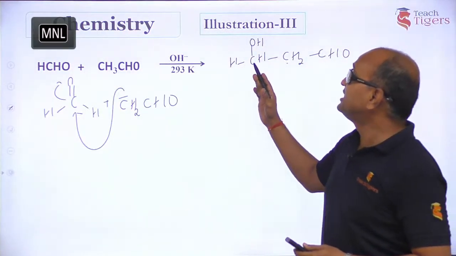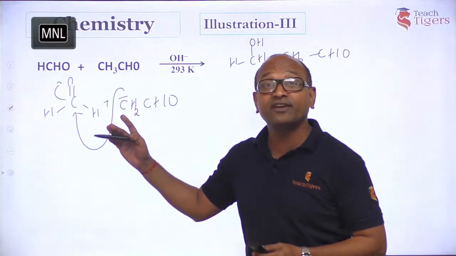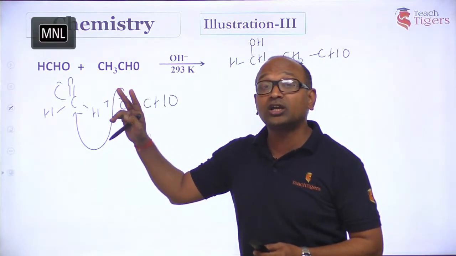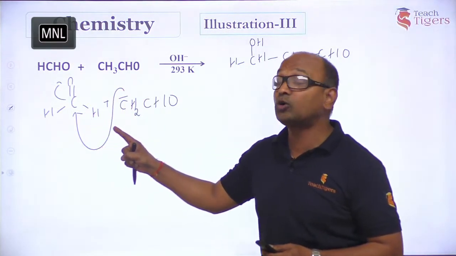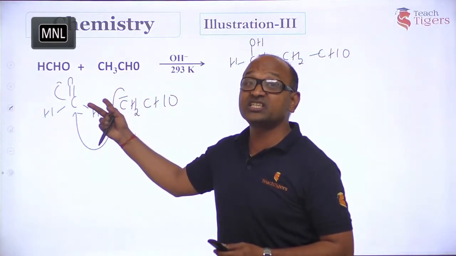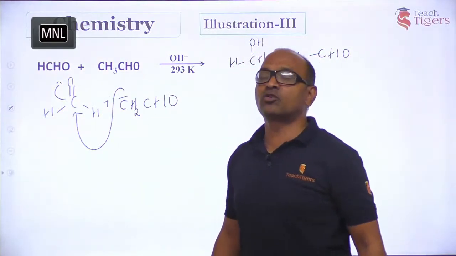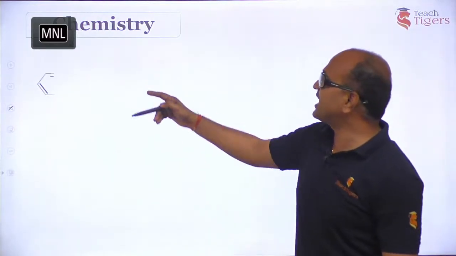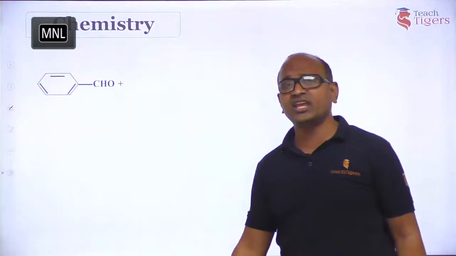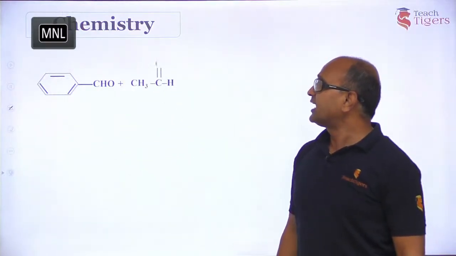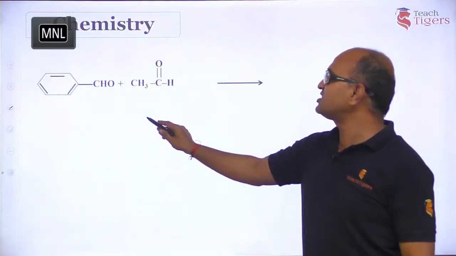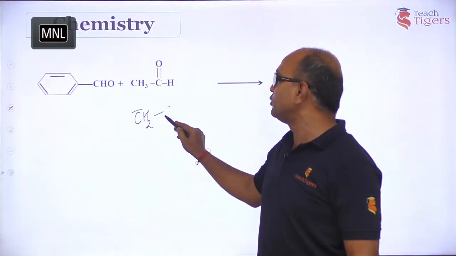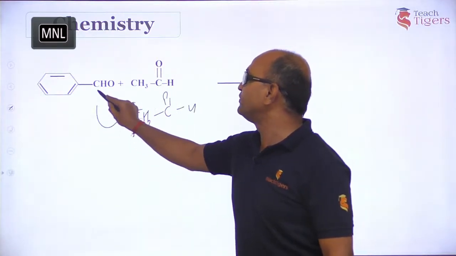So guys, this is a reaction where a crossed aldol condensation is carried out between 2 different species, of which only one has alpha hydrogen and the other does not. One such reaction is with formaldehyde. We can go for even benzaldehyde, right? Can you please predict what is the product? The first step is the formation of enolate, which reacts with this.